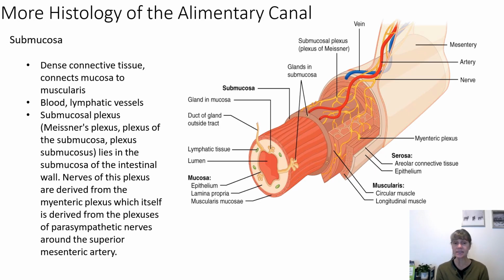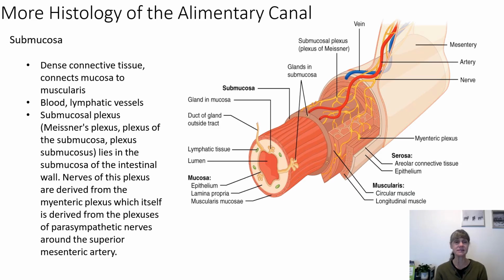The next layer deep to the mucosa layer is the submucosa. The submucosa layer is made up of dense irregular connective tissue that helps connect the mucosa to the muscularis. It also contains blood and lymphatic vessels, and it's in the submucosa where we find the submucosal plexus.